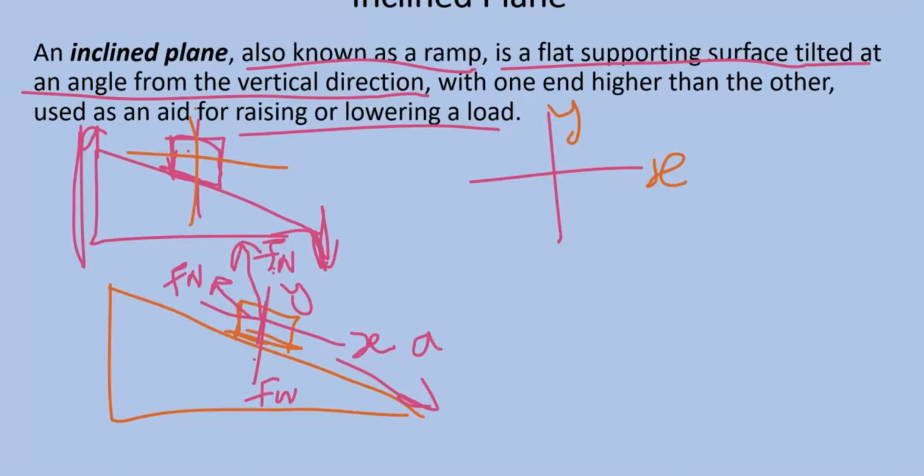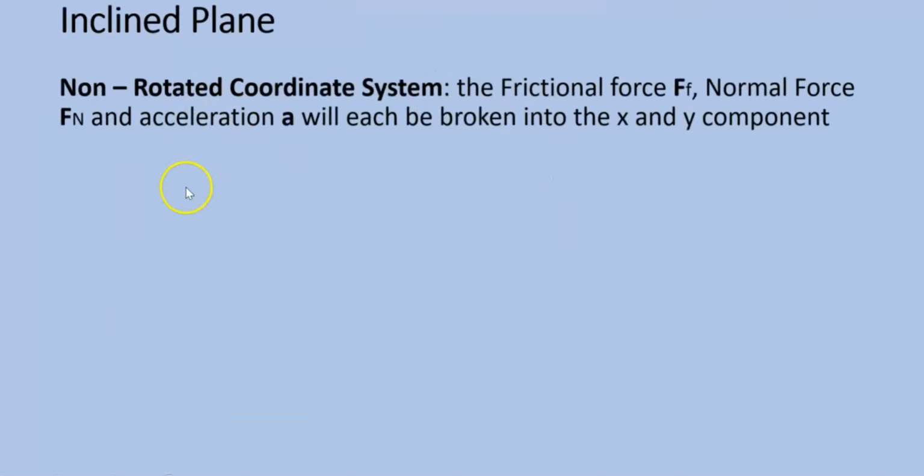Let me explain further on the next slide. So as I was saying earlier, we have a non-rotated coordinate system and a rotated coordinate system. In the non-rotated coordinate system, draw this again. This is a plane.